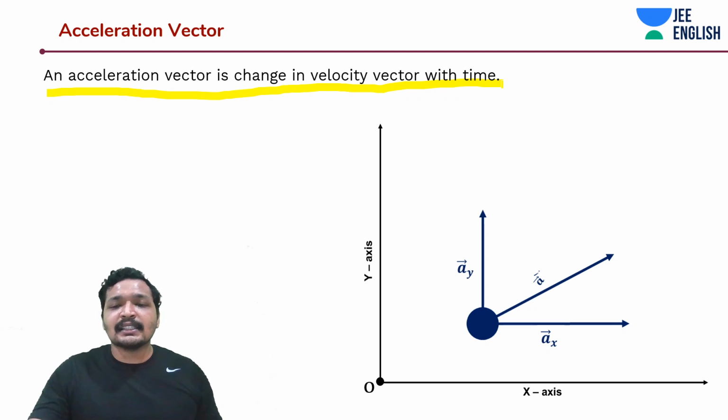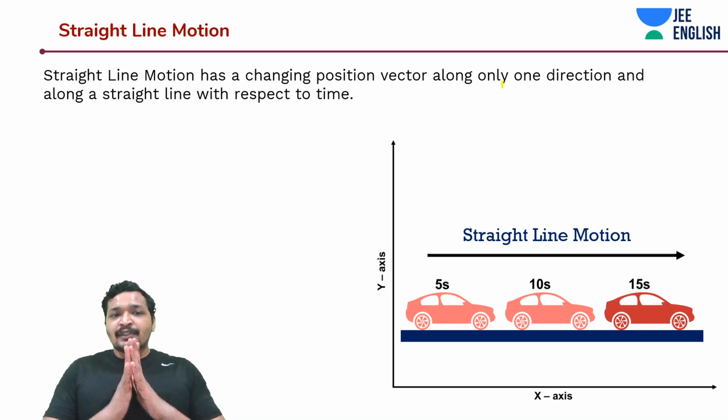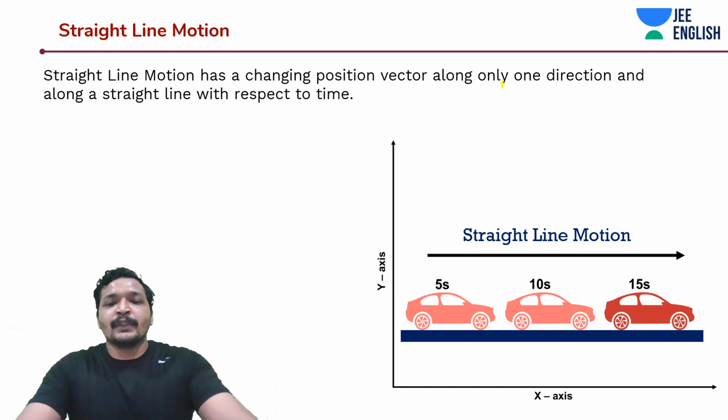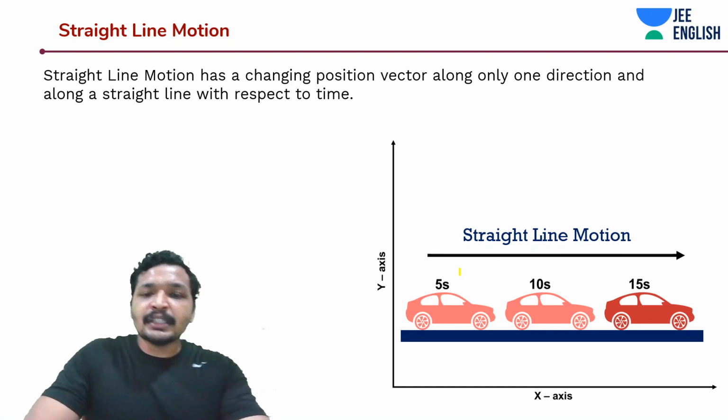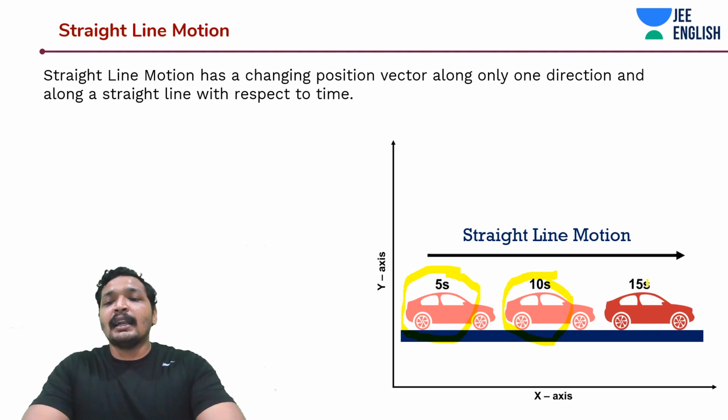But first let's understand what is a straight line motion or a rectilinear motion. A straight line motion has a position vector changing only in one direction, or this velocity vector with respect to time changing in only one direction. So you see this curve over here in straight line motion. At 5th second it is at some point x1, at 10th second it is at point x2, and at 15th second it is at point x3.